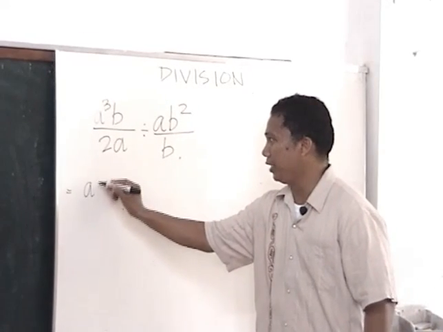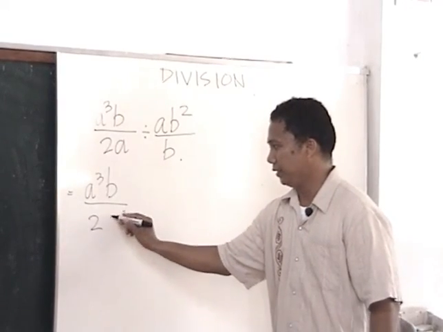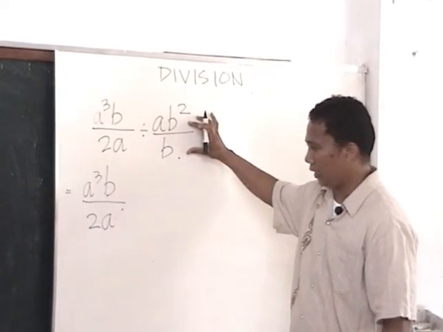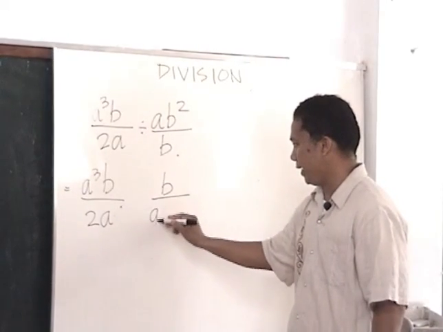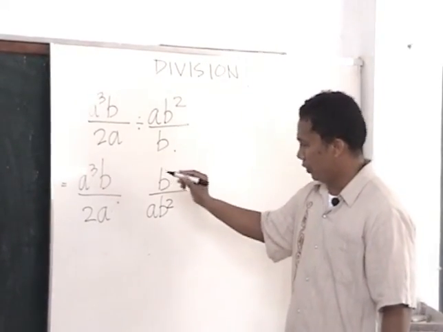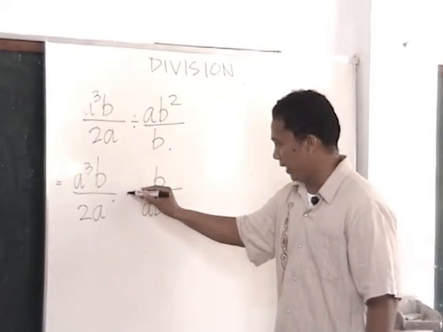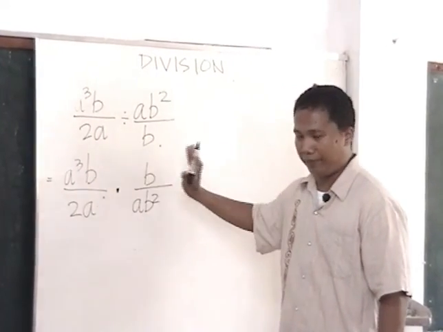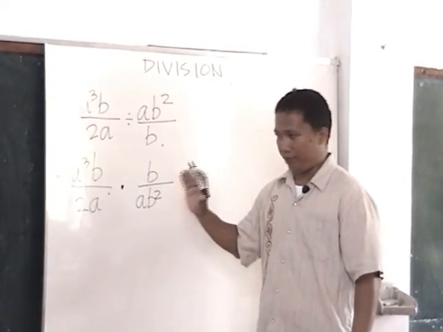We have a cubed b over 2a, and the reciprocal here will be b over ab squared. And afterwards, you have to change the operation from division to multiplication.